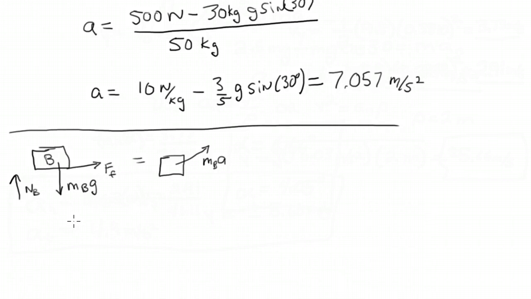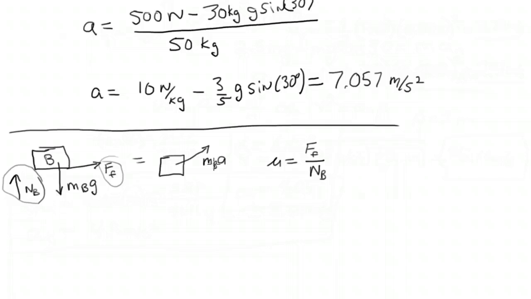Now the coefficient of static friction, mu, is defined this way. It's that force of friction divided by the normal force. So here's the friction force, the normal force. Take the ratio of those two, and we have the coefficient of static friction.